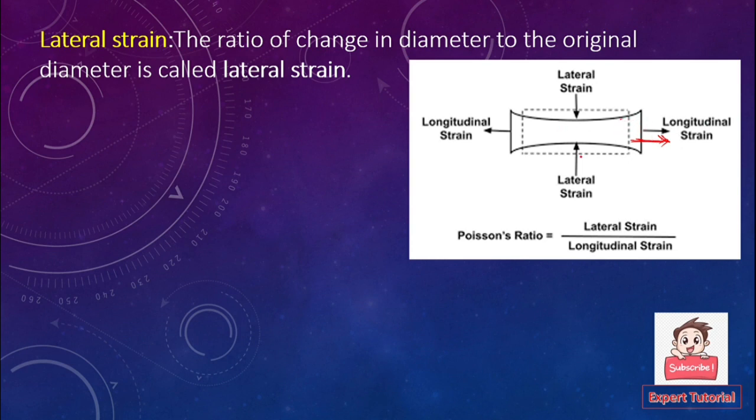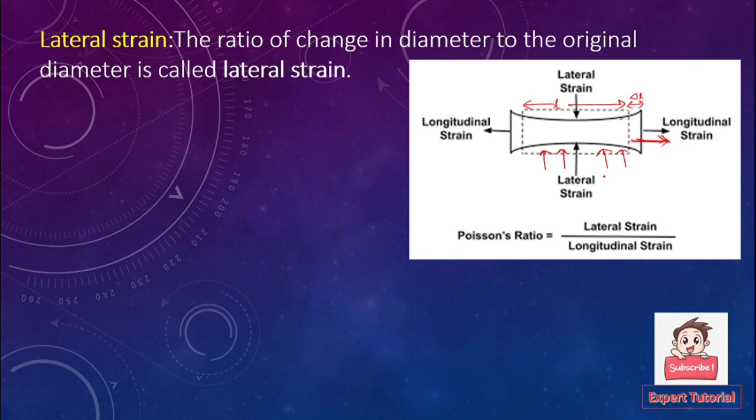Suppose its original length was L. So after application of the force, this is the change in the length, this is delta L. So it is elongated by delta L. Okay. So when a wire is stretched along its length, it elongates, but at the same time it gets thinner also.